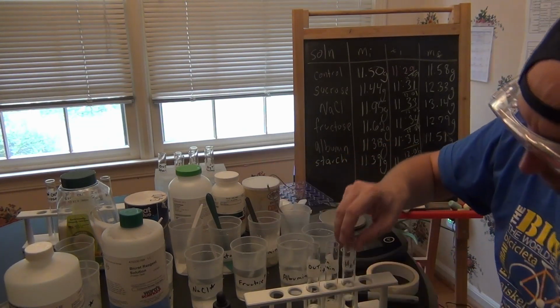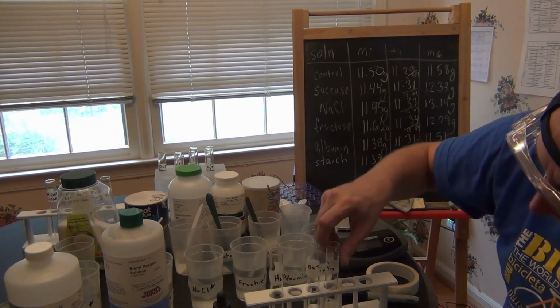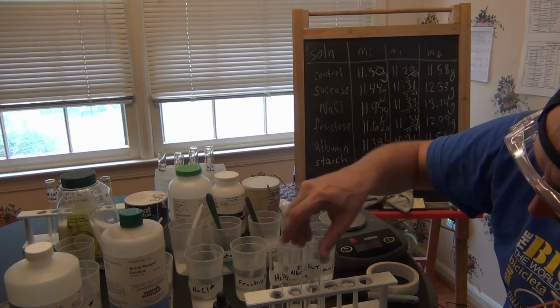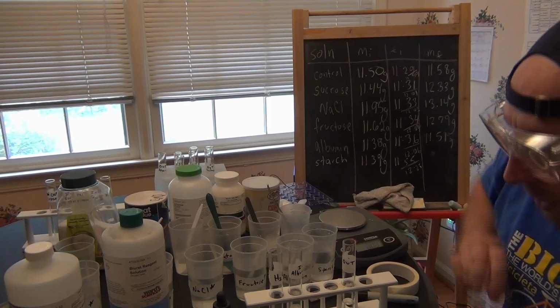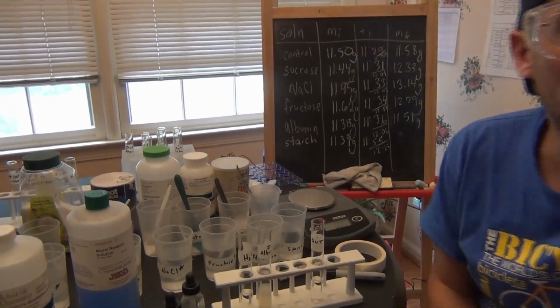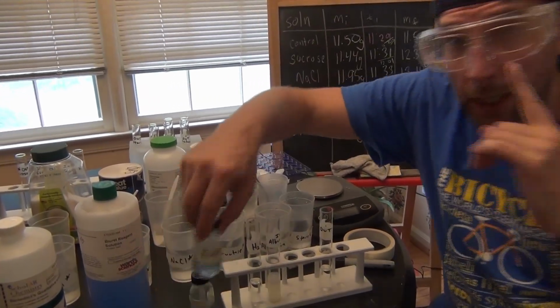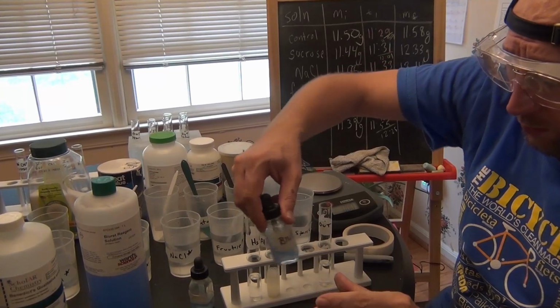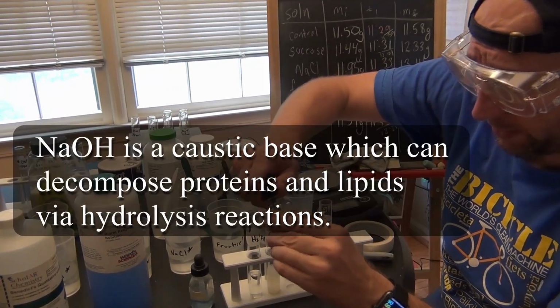Okay, so I have the original water that was outside, I have the original albumin that was inside, and I have what was outside. So we're going to do a Biuret test for this. Okay, I've got my goggles on because Biuret actually has some sodium hydroxide in it, and I don't want any of that.